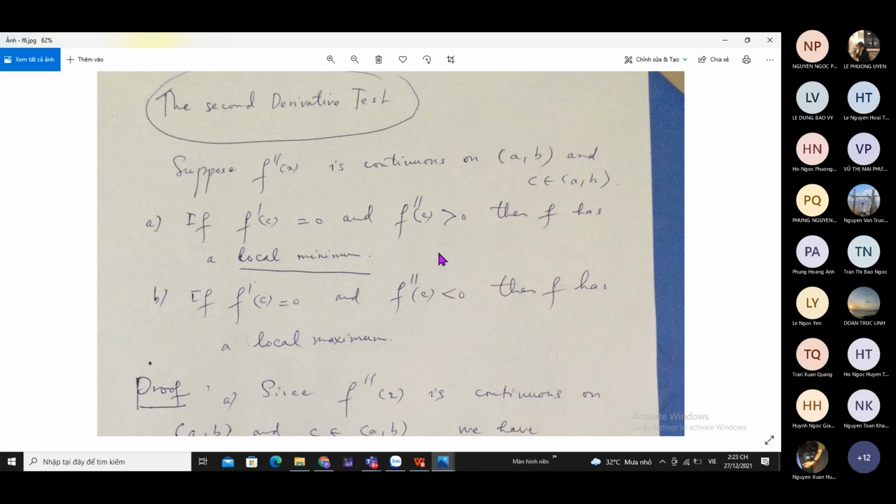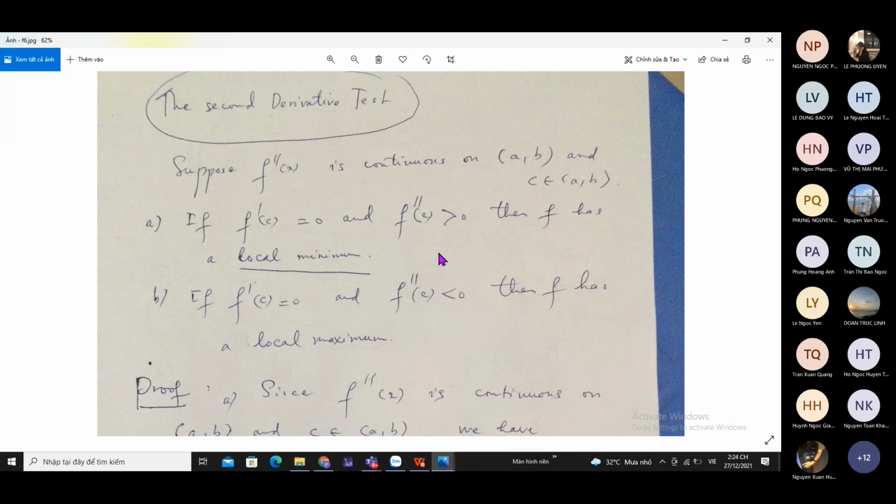First of all, let me remind you of the second derivative test. I just restate what we discussed. Suppose that f double prime is continuous on the open interval AB, and C belongs to AB.